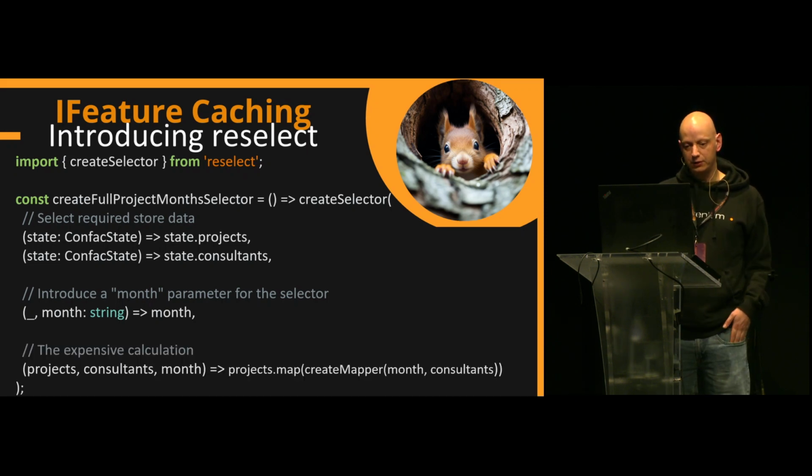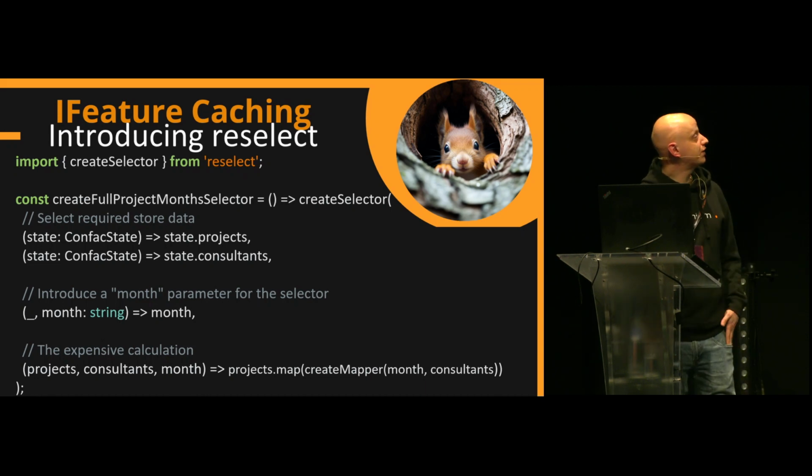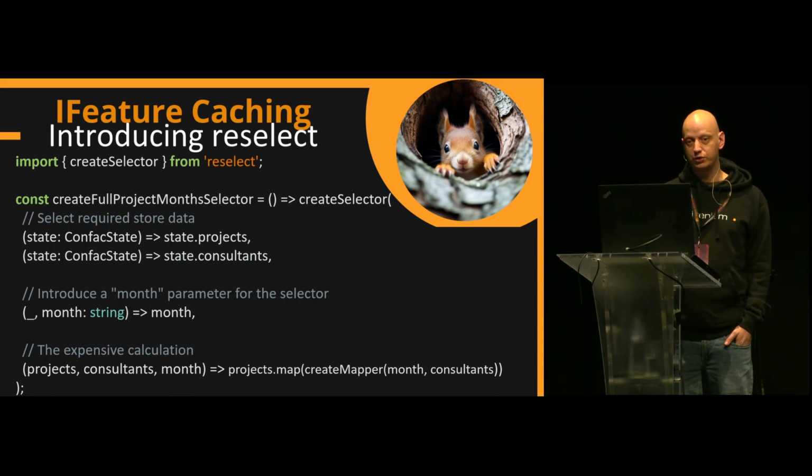And then the final argument is the actual computation. So you get a function with, in this case, 3 parameters: the first 2, the projects and the consultants we selected from the store, and then our extra argument, the month. And the projects map is just some dummy code.